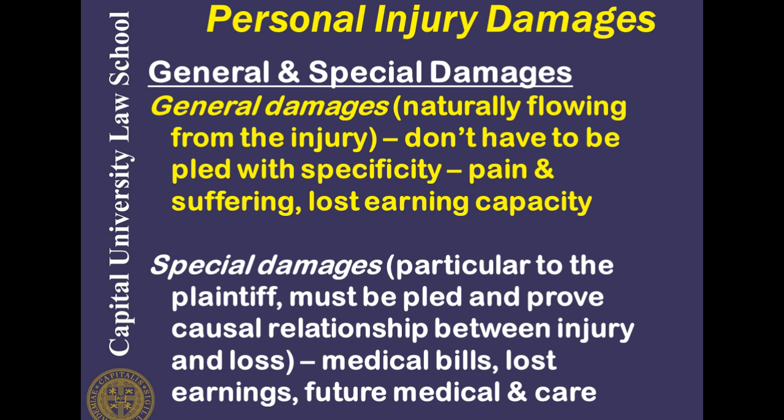Special damages are particular to the plaintiff and must be pled and prove the causal relationship between the injury and the loss. These involve medical bills, lost earnings, future medical and care costs. These are considered special damages and must be pled.